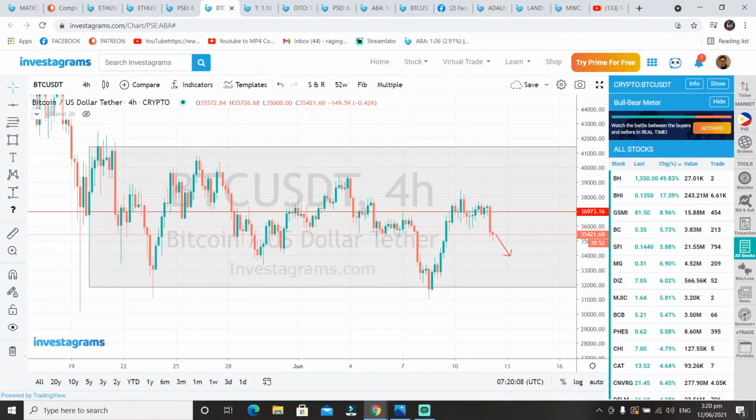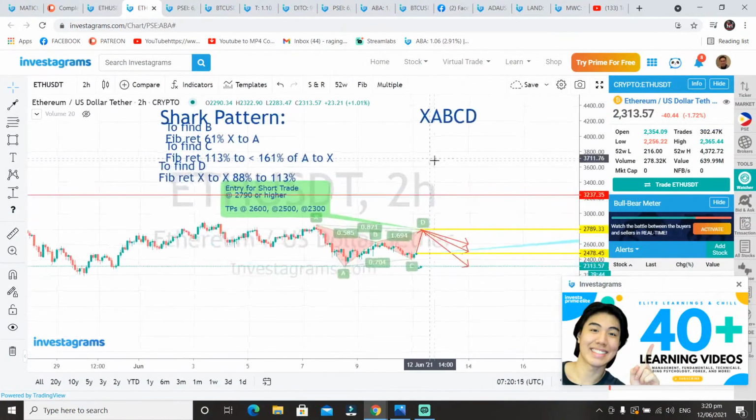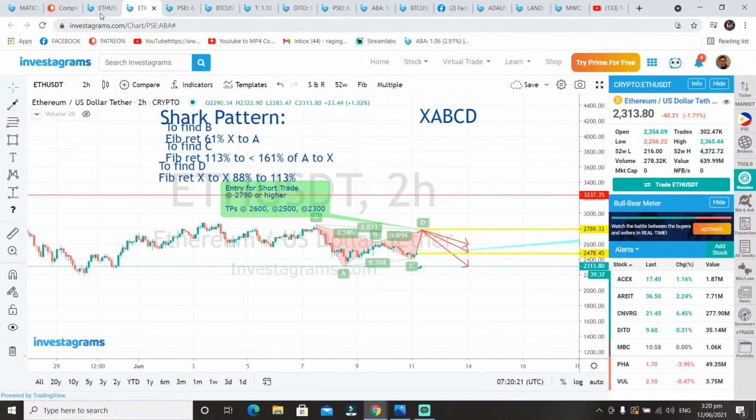Starting to reverse now for long trade. So we still have to check, no? As of last time, I said that there is a chance that it could still move downward. Is this the one? Maybe the other one.